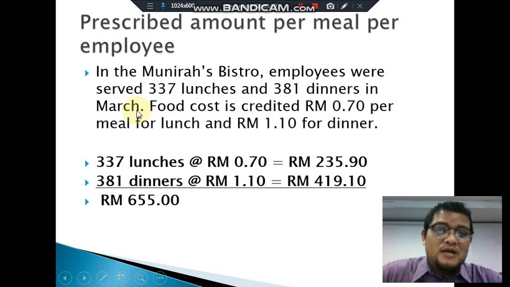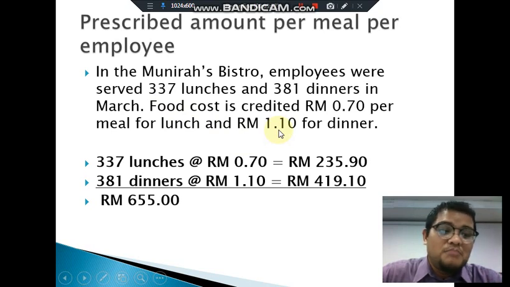So in the month of March, this number of lunches and this number of dinners were served to the employees. Food cost is credited at 70 cents per meal for lunch and 1 ringgit 10 cents for dinner. So the cost of preparing one lunch for one employee is 70 cents. The cost of preparing one dinner for one employee is 1 ringgit 10 cents.